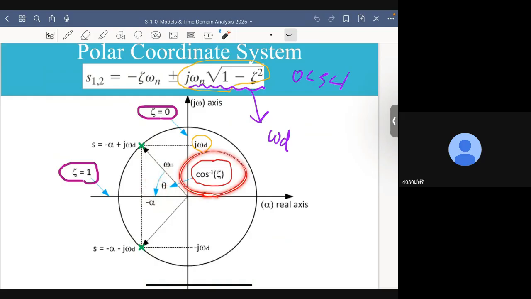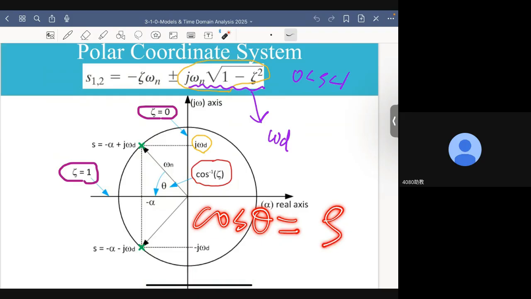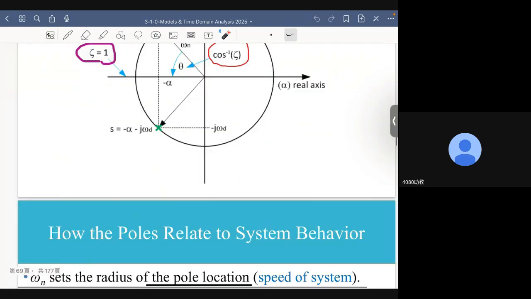And it can be shown from here that cosine theta is actually equal to eta. So once you know theta and omega n, you understand the two most important parameters of the second order system.